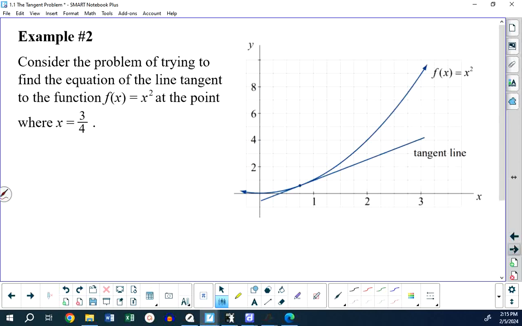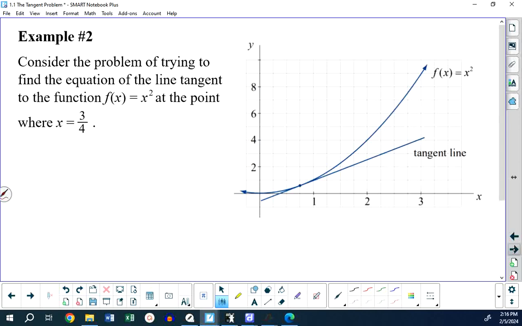Consider the problem of trying to find the equation of the tangent line to this function, y equals x squared, which everybody should be intimately familiar with. It's a parabola that opens upwards with its vertex at the origin. It goes through 1, 1, 2, 4, 3, 9. It's pretty basic stuff. And I've drawn a tangent line, and it is tangent at that point 3/4 for x.